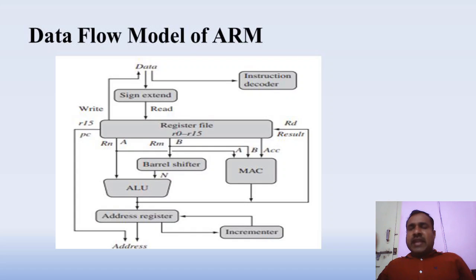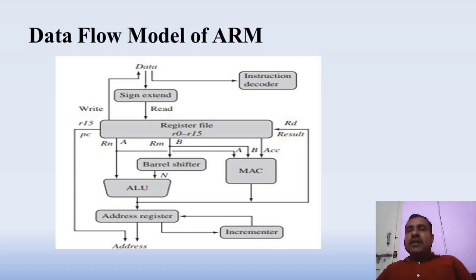ALU stands for arithmetic logic unit, which performs most of the functions. Like addition, subtraction, and logical functions like AND, OR, all those things are done in this ALU. There is one more functional unit that is called MAC, multiply and accumulate.